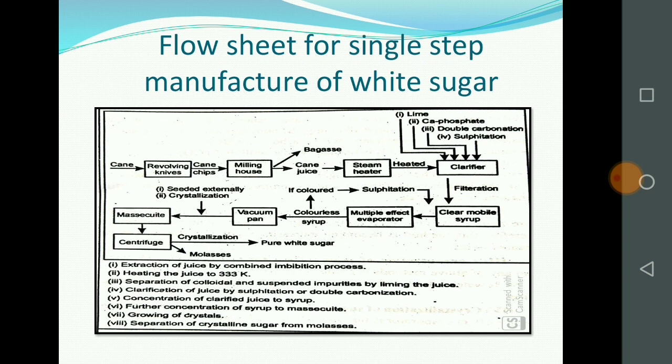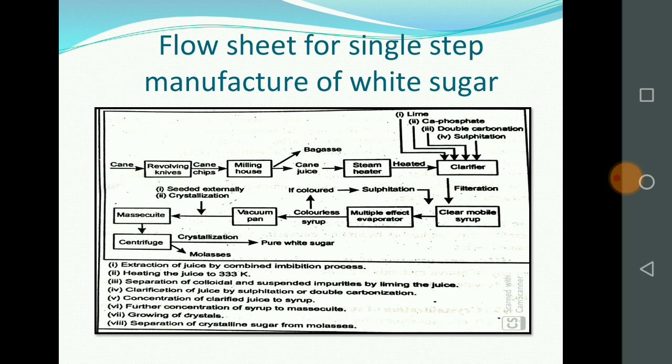Third step is concentration of juice. The clear clarified juice obtained from any of the above methods is dilute, so it is concentrated to syrup containing 45 to 50% water in a triple effect vacuum evaporator. Fourth step is crystallization of sugar.